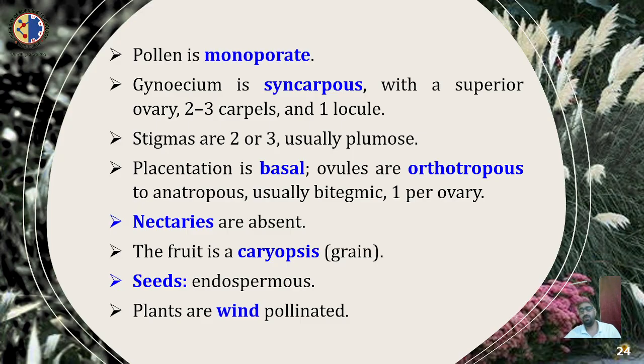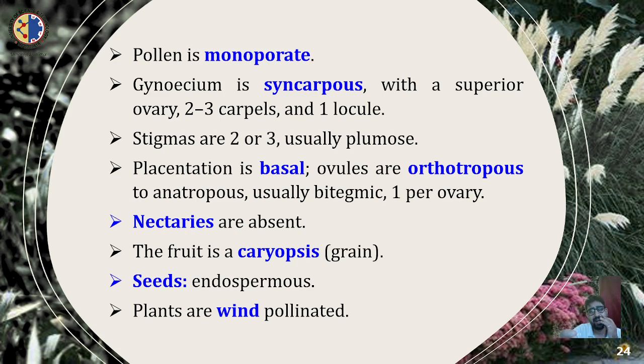Now, I have shown you in the picture that the stamens liberate their pollen grains from the longitudinal wall, but their pollen grain is monoporate. That means Poaceae pollen grains have only one opening to germinate.